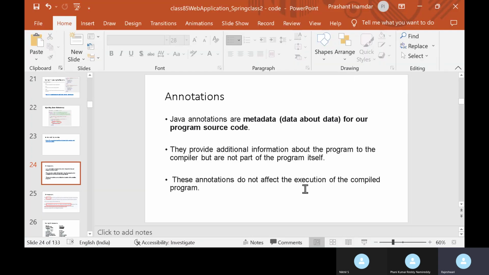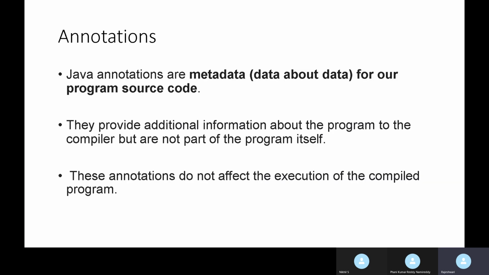So likewise, using the short form of our source code, we can achieve things using annotations. Basically they provide additional information about the code to the compiler, and they are not part of the program itself. They are just additional information for our program. Annotations do not affect the execution of the compiled program.